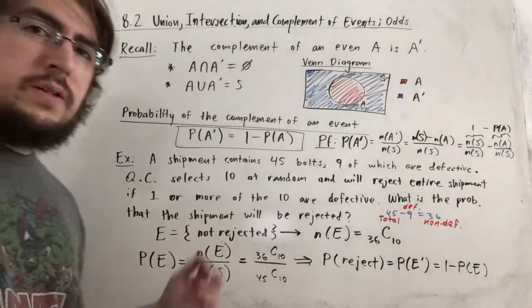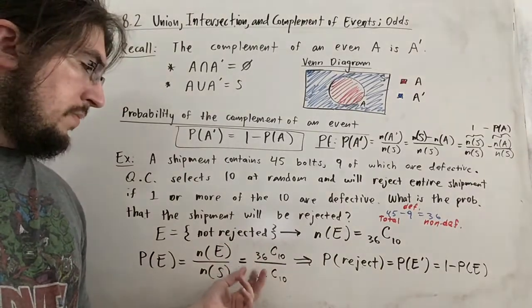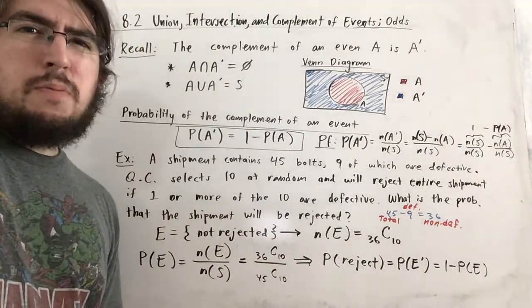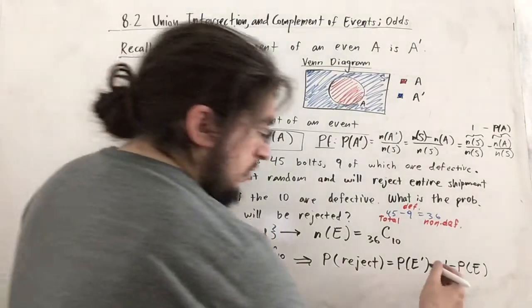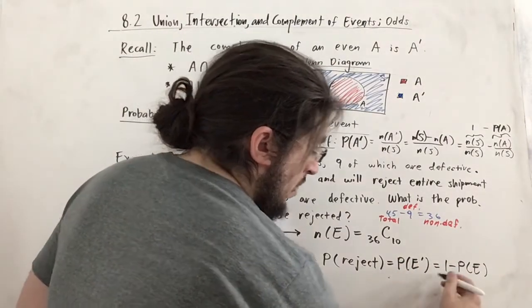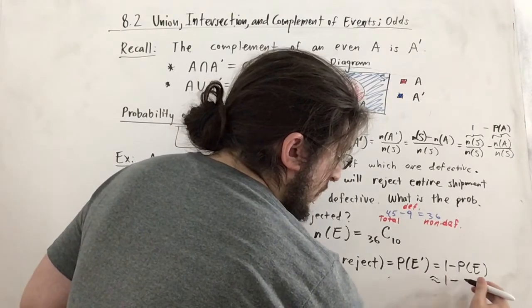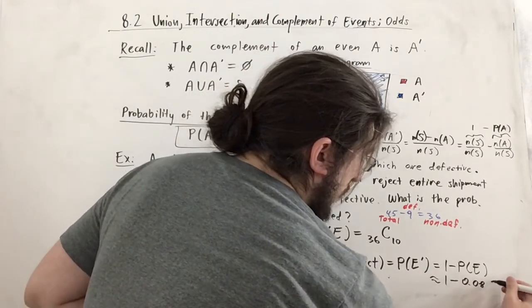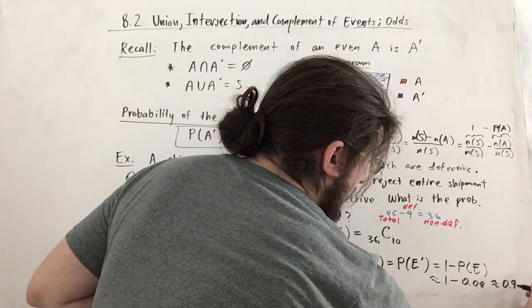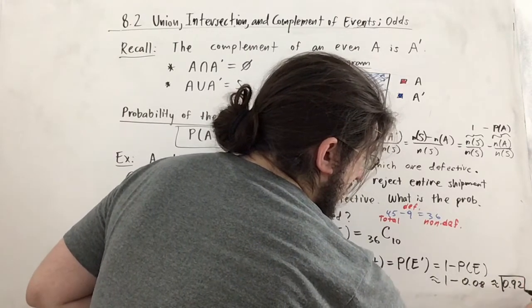All right, so using my calculator, 36 choose 10 divided by 45 choose 10 is approximately 0.08 if you round. So this here is going to be approximately 1 minus 0.08, which is approximately 0.92. That's kind of high.